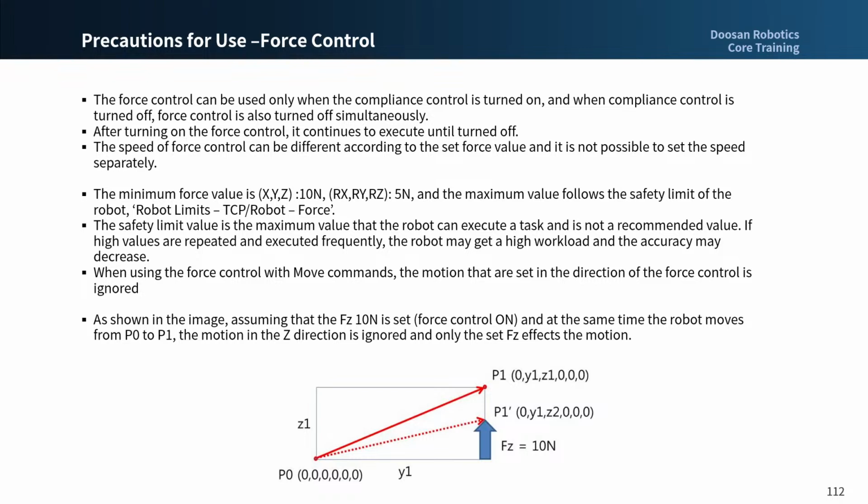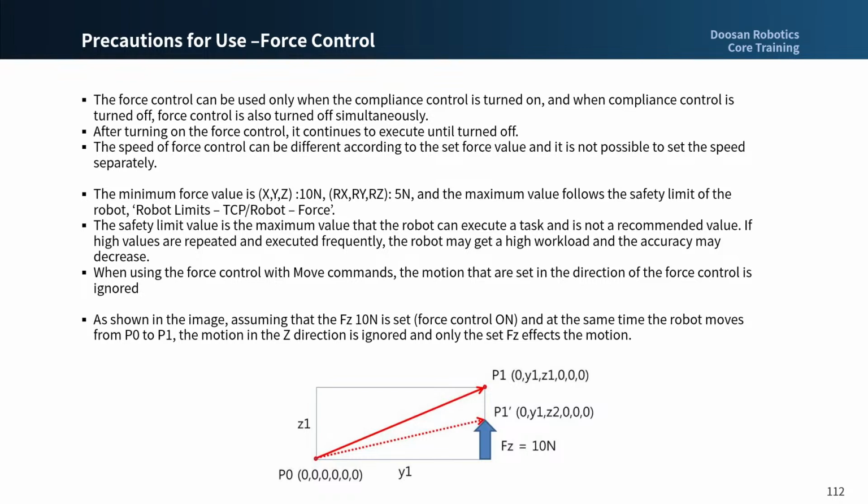The maximum value that can be set follows the value of robot limits, TCP robot force, in the menu on the Workcell Manager home screen, robot setting. The maximum force value is the maximum value that the robot can run.